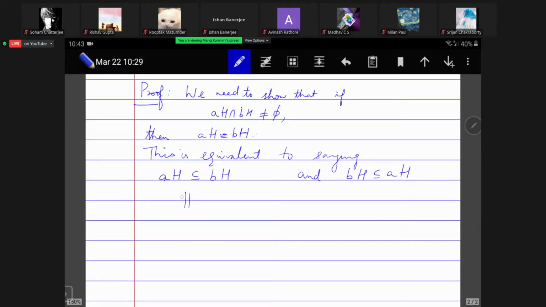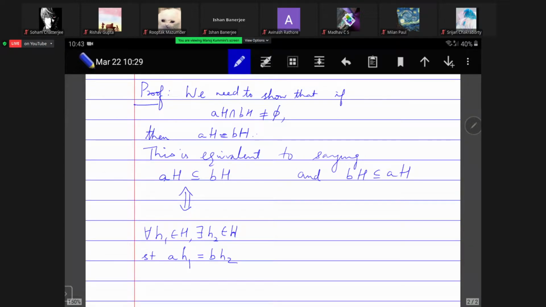What does this first condition mean? It is equivalent to saying: AH means some arbitrary AH1, and BH means, for all H1 inside H, there exists some H2 inside H such that AH1 is equal to BH2. The one that multiplies H needs to be universally quantified, because we are trying to prove that every element of AH is inside BH.